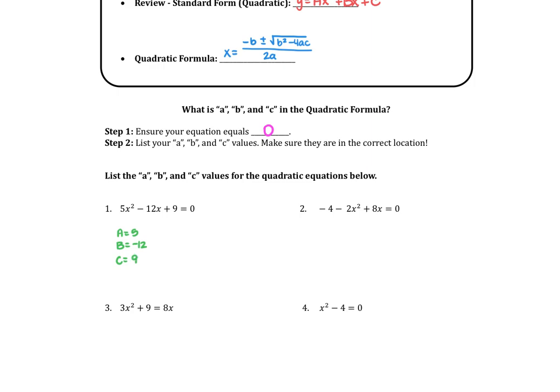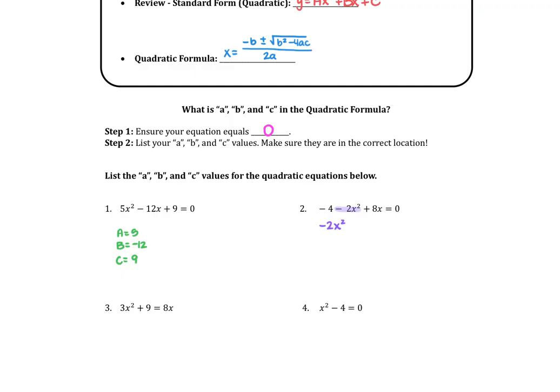All right, let's look at number 2. You can see that this equation is set equal to 0, so that's great. You'll notice that this equation looks like it's in a different format, so we could actually rewrite this if needed to help me find the a, b, and c values. So I'm going to take that first term of negative 2x squared, and I'm going to write that first.